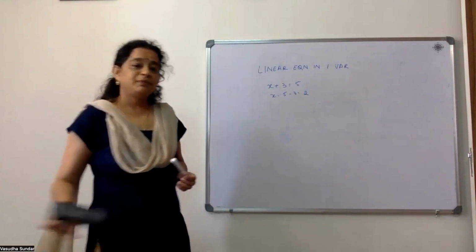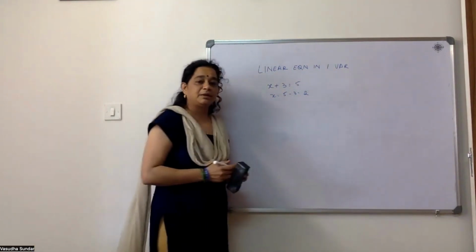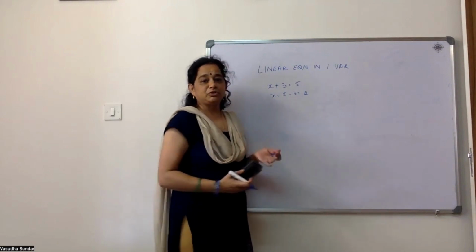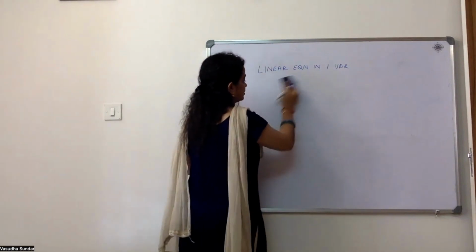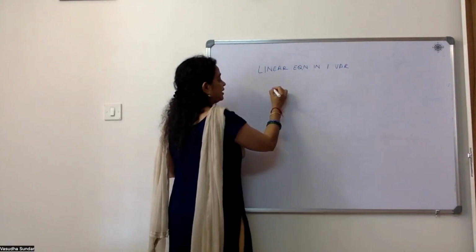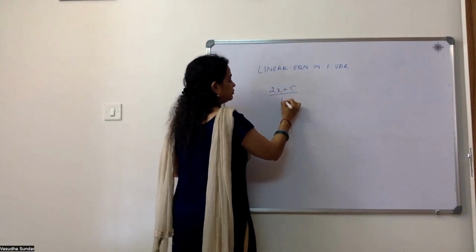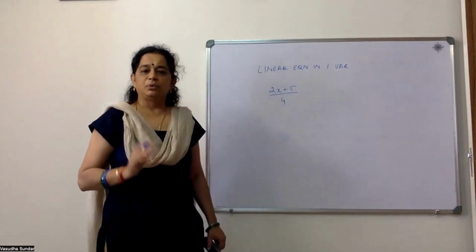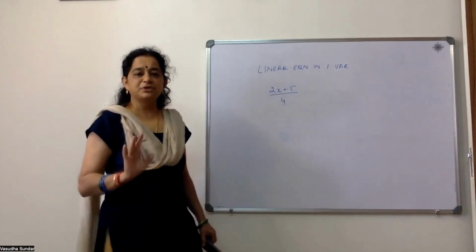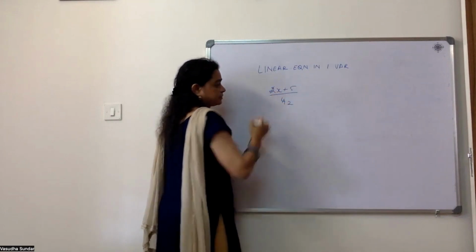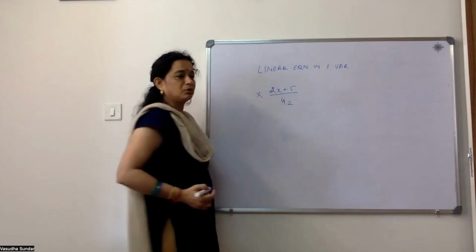But suppose the main problem comes in the division of linear equations. So for example, I have 2x plus 5 by 4. Now, many students, 99% of the students will cancel this 2 and this 4. This is a big no.